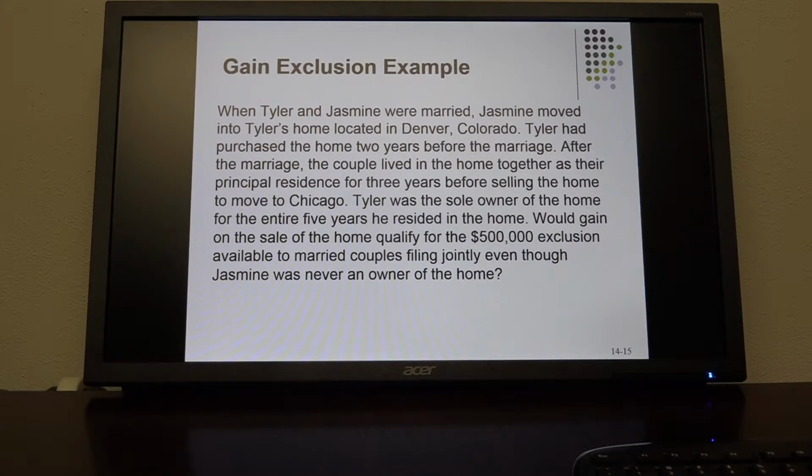It also helps people in these areas where the value of homes has skyrocketed. But I mean, this is unusual circumstances.